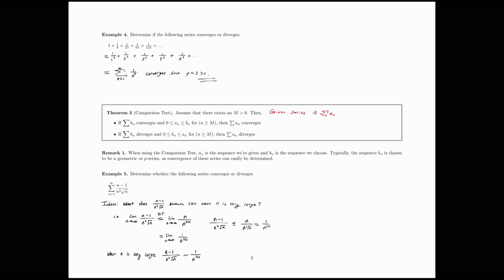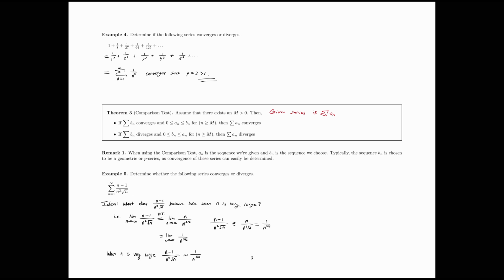Okay. And then we have to think, for the comparison, we need to make sure that we have a series term that is non-negative. So is this non-negative? Well, the smallest n is 1. So if I plug in 1, I get 0. And if I plug in 2, I definitely get something that's positive.